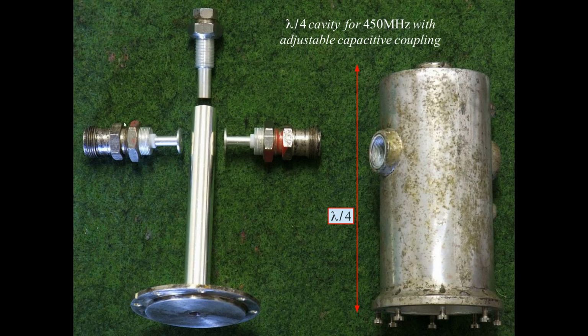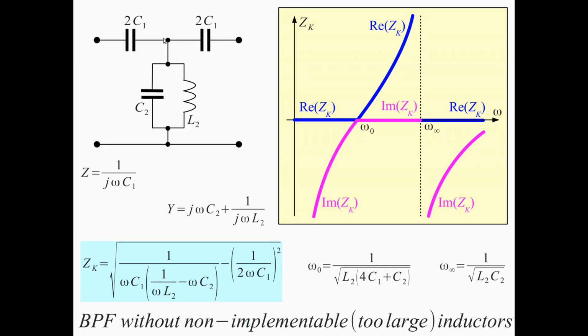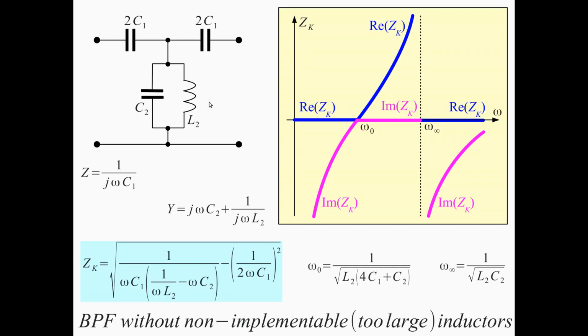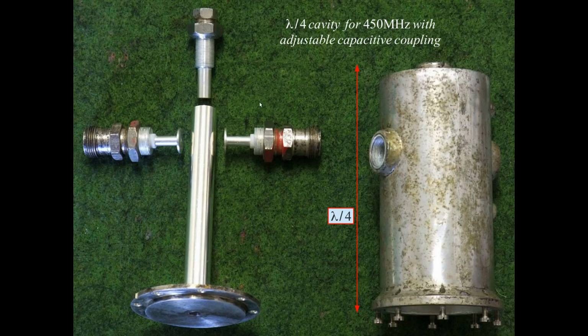And we have 2 adjustable capacitors here. So this cavity is really this circuit here, made with distributed components for high frequency, achieving a Q of over 1000. So this is a very good solution to make a narrowband filter for 450 megahertz.